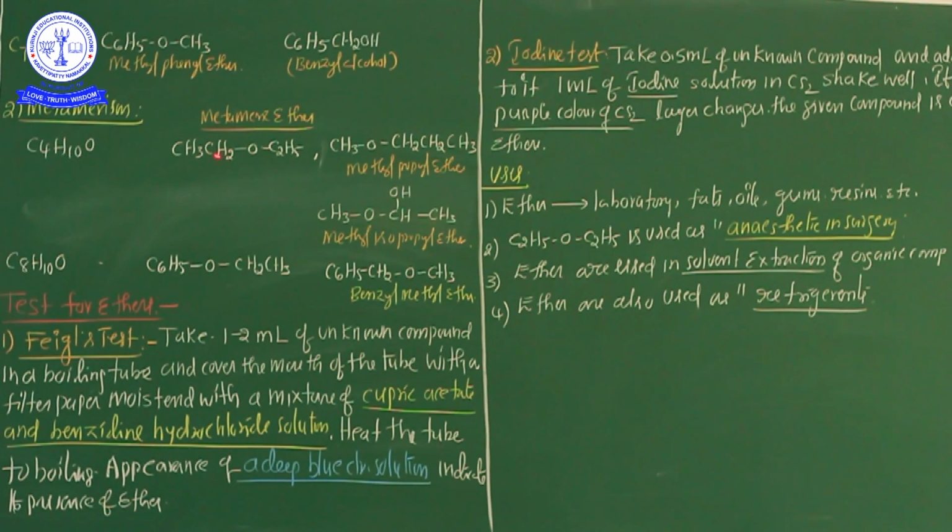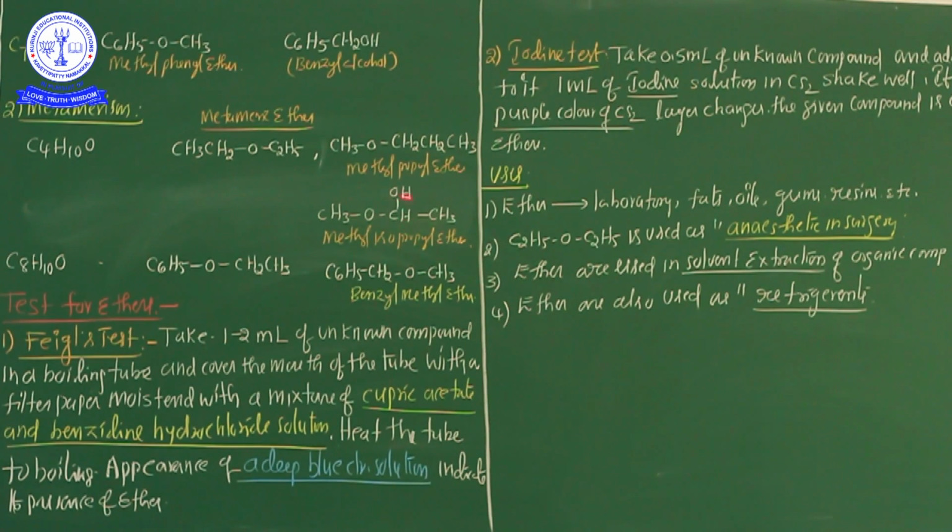See here, C4H10O. In the metameric ethers, this is diethyl ether and methyl propyl ether, two different types of ether. Metamerism means same molecular formula, but two different types of ethers exist. See carefully: this is one ether, diethyl ether; this is methyl propyl ether; and this is methyl isopropyl ether.